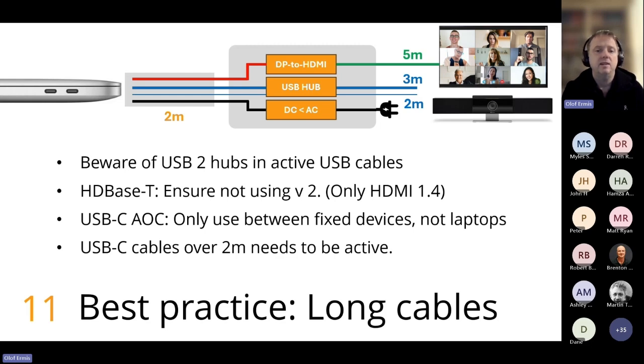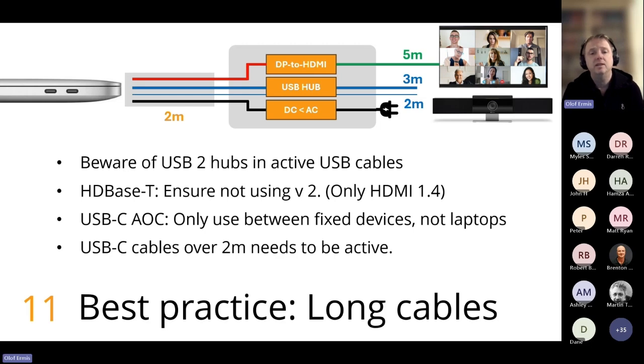What we can say in general of USB-C cables is that for passive USB-C cables, it's always the protocol with the shortest distance that defines the max length of the cable. USB 2 protocol can do 5 meters passive according to standard.